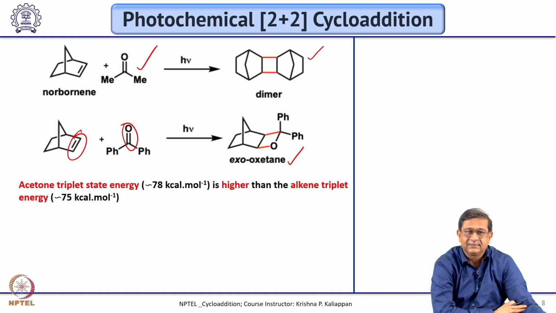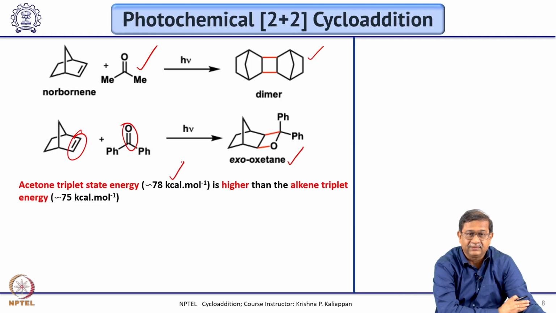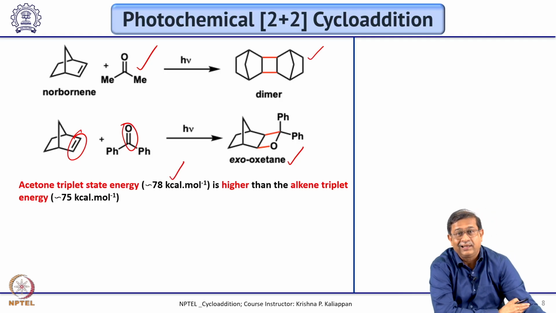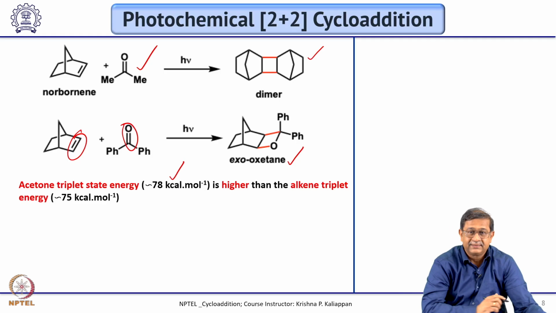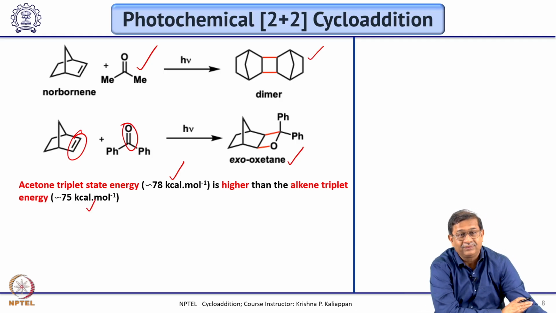The reason is, in the case of acetone, the triplet energy, which is 78 kilocalorie per mole, is higher than the triplet state energy of norbornene, which is 75 kilocalorie per mole.